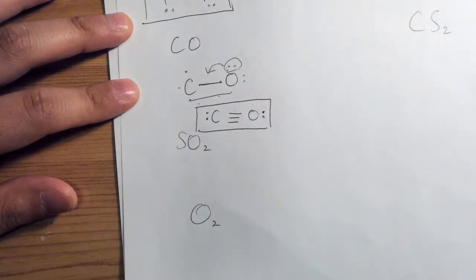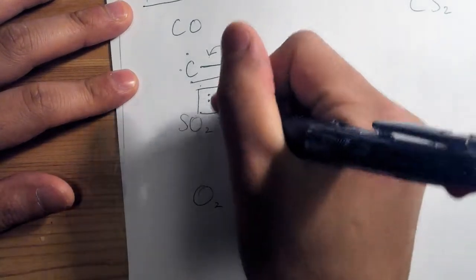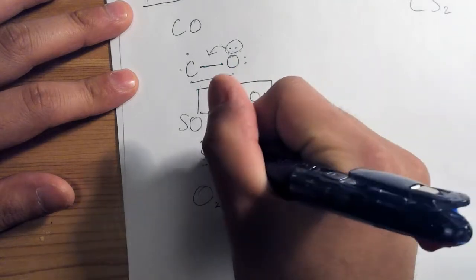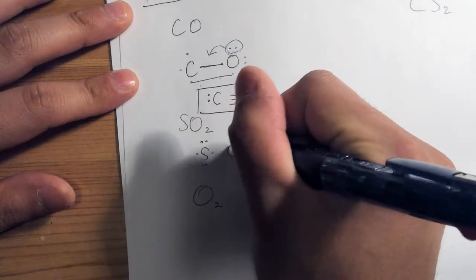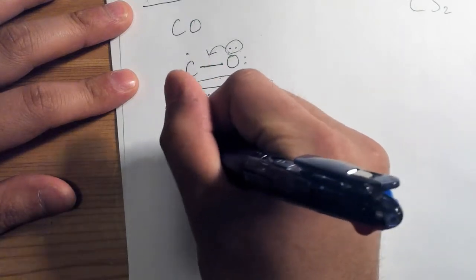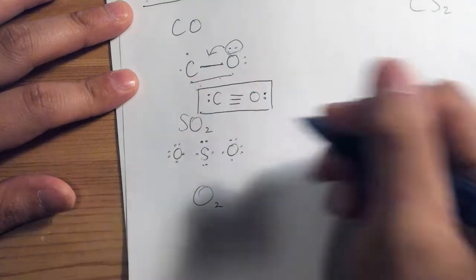Next, SO2. For SO2, there are 6 valence electrons for sulfur and 6 valence electrons for oxygen. We're going to connect the lone electrons together.